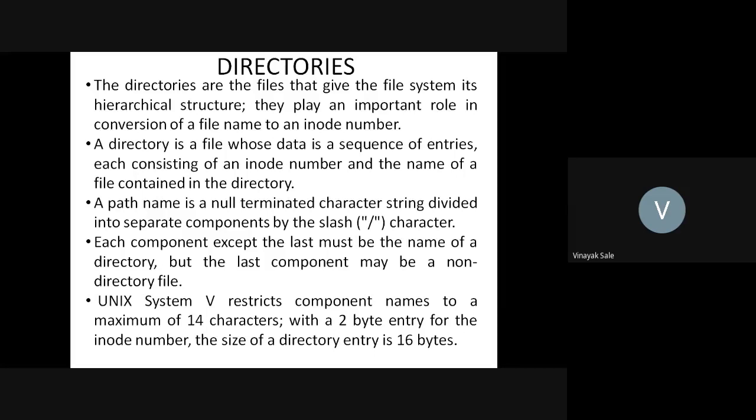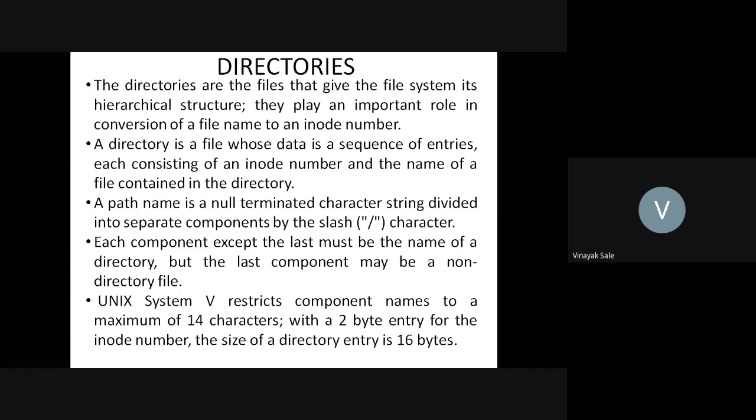A path name is a null terminated character string, beginning with an optional slash character, and each component except the last must be the name of a directory. The last component may be a non-directory file.